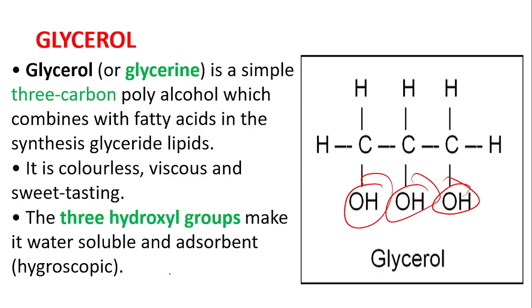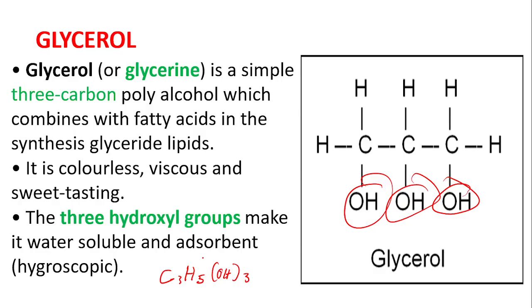And the chemical formula for glycerol is C3, coming from 3 carbons, and you should make sure that you know how to draw it. And then H5, and also OH3. The oxygens are 3, which is the 3 outside, and then there are 5 hydrogens.